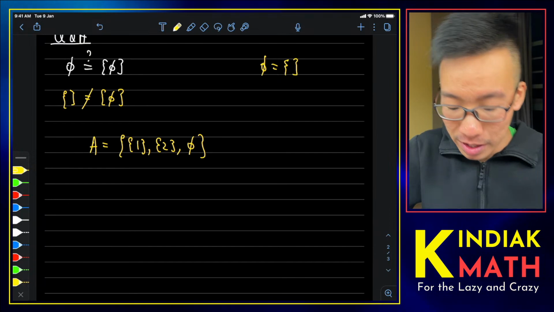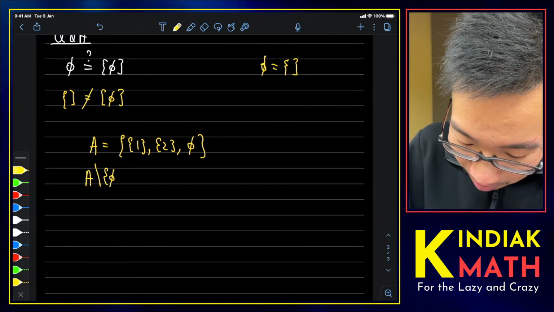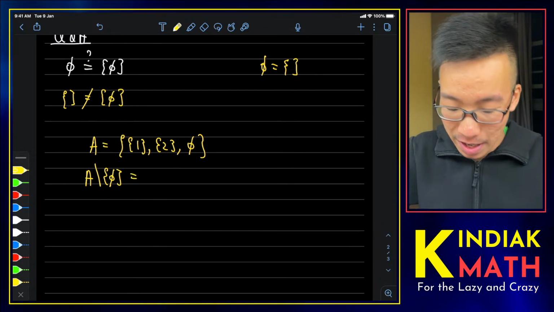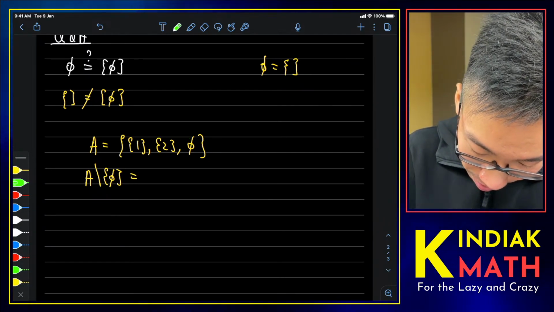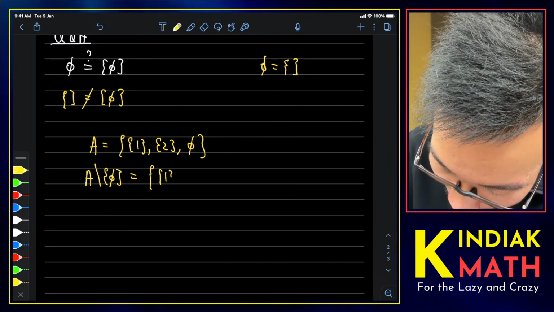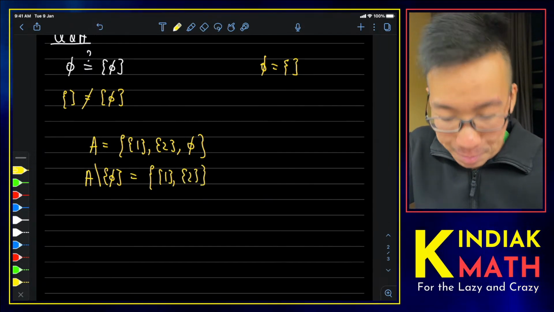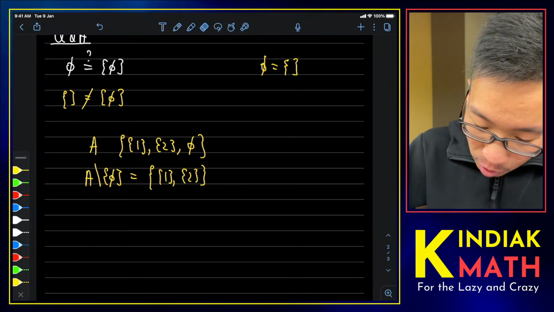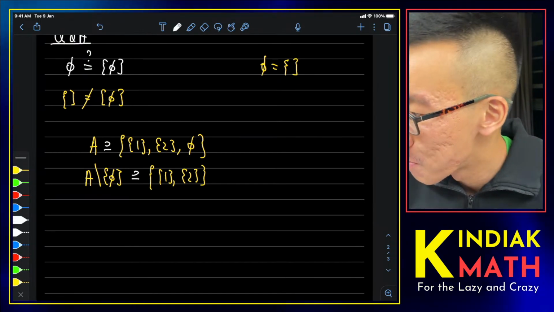If A is equal to this, then A exclude the set containing the empty set means I'm taking away the element, the empty set. So I'm essentially cutting this out, and I'm left with the set containing 1 and 2. Of course, you could use this in a more relaxed notion. This works as well.